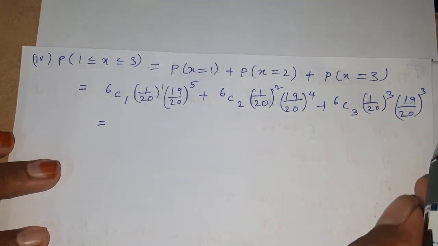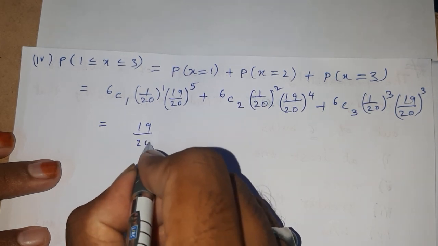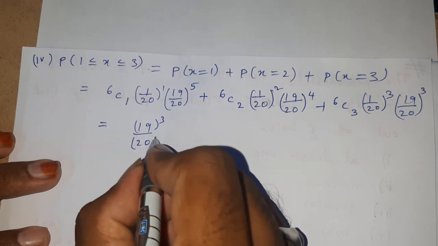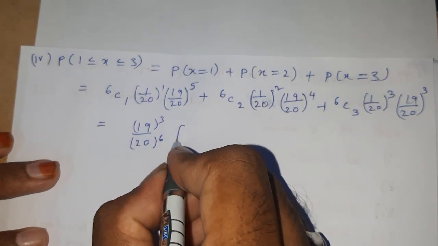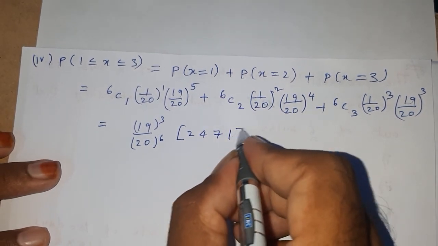On solving this expression we will get (19/20)^3 ... (19^3/20^6) into 2471.